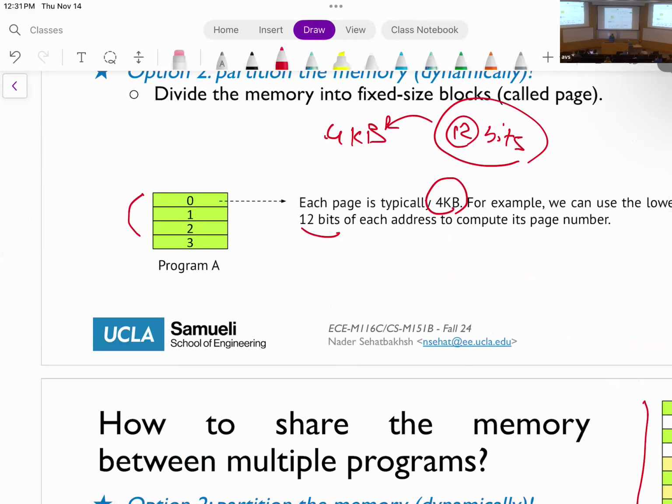I'm saying that, let's say I want to access something within page 0, or within page 1. Each page is 4 kilobytes. So I want to read just 1 byte. How do I access 1 byte within a 4 kilobyte page? I need a 12-bit address. I need log2 of 4 kilobytes, which is equal to 12.